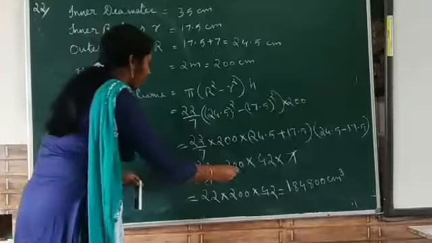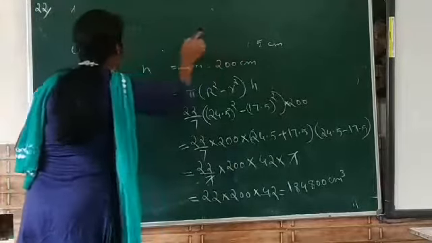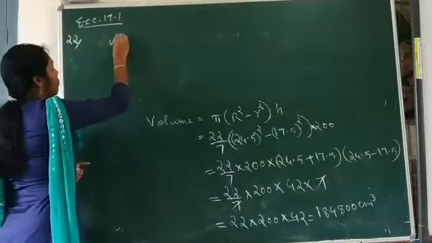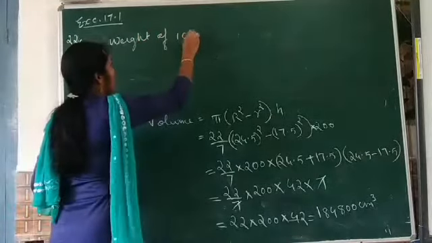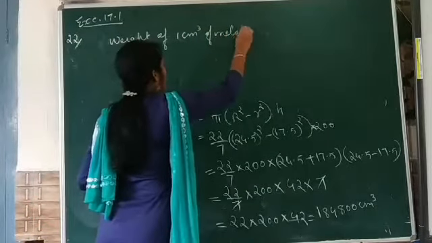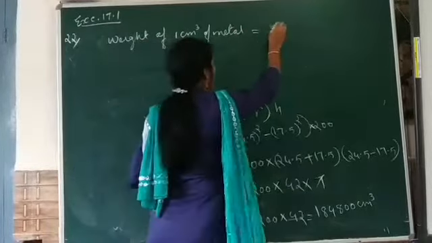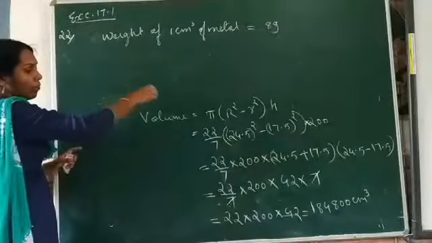Therefore we have to multiply the given volume by 8. So we can write weight of 1 centimeter cube of metal is equal to 8 grams. So we have to multiply the given volume into 8 to find out the weight of the roller.